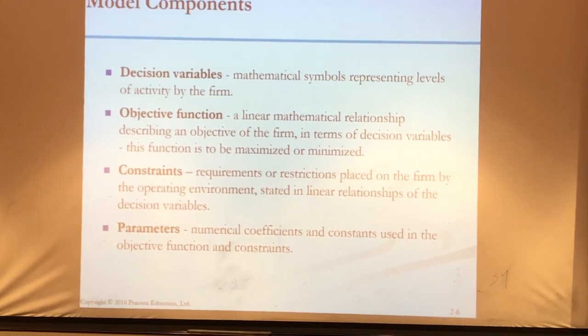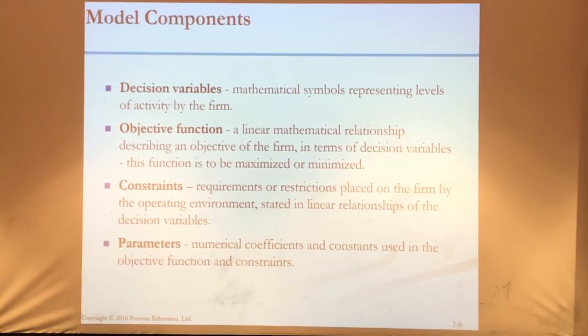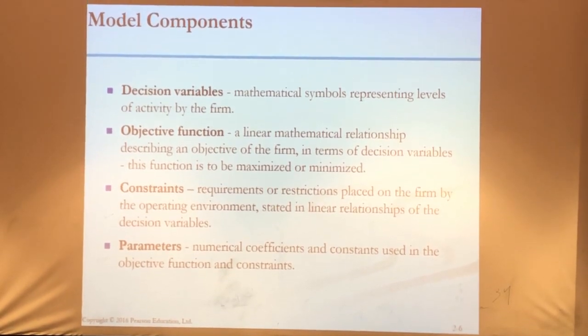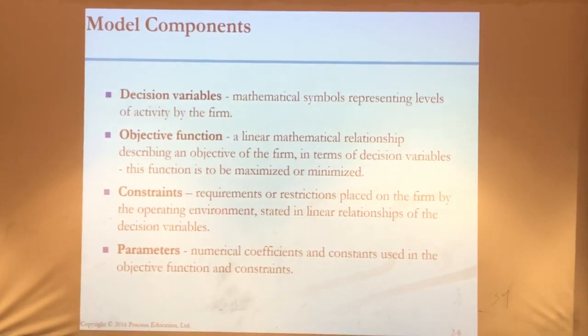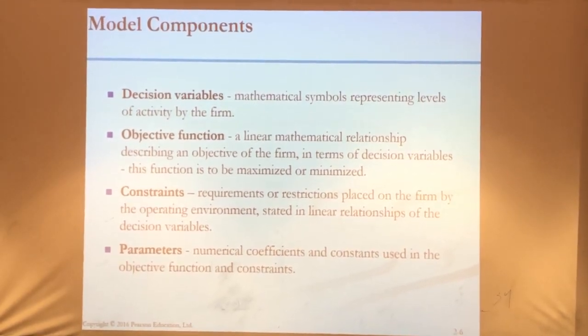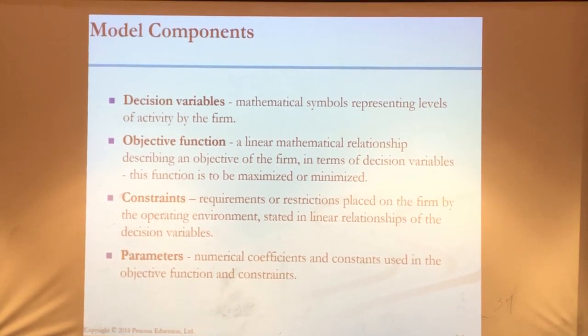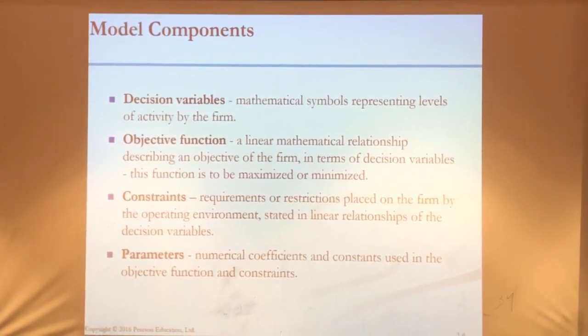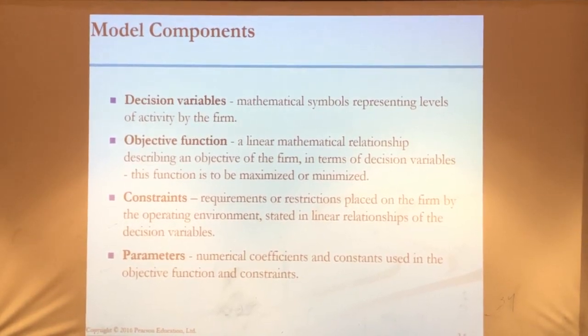We cannot maximize the profit to infinity, right? Or minimize the cost to zero. These constraints, requirements or restrictions placed on the firm by the operating environment, are stated in a linear relationship of the decision variables. The constraints and the objective function will be linear. That's why it's called linear programming.